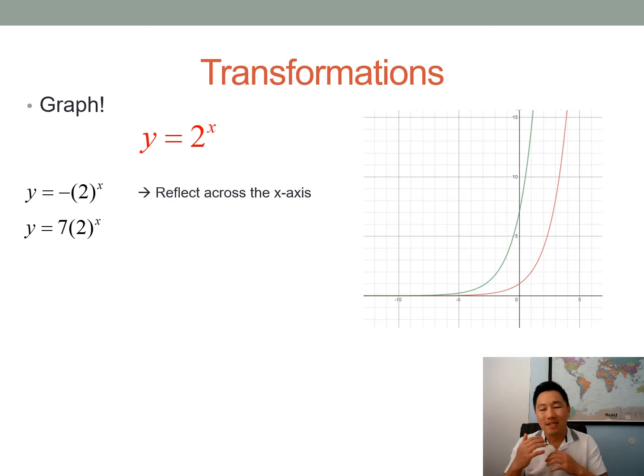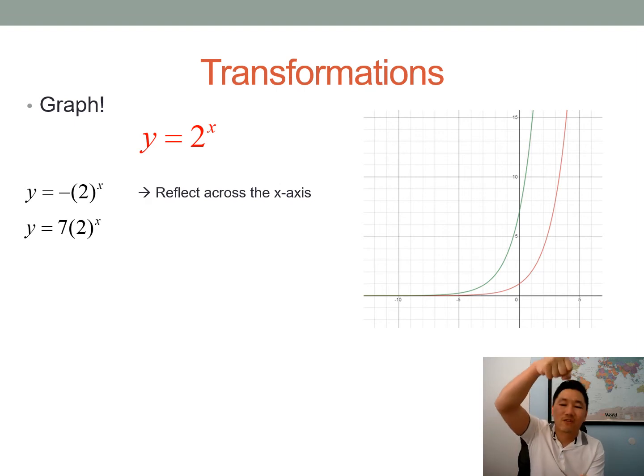It kind of looks like it moves to the left a little bit, but actually what happens is it's vertically stretched. So we've done that with quadratic equations as well. When we put a coefficient in the very front that's bigger than 1, it actually vertically stretches it.